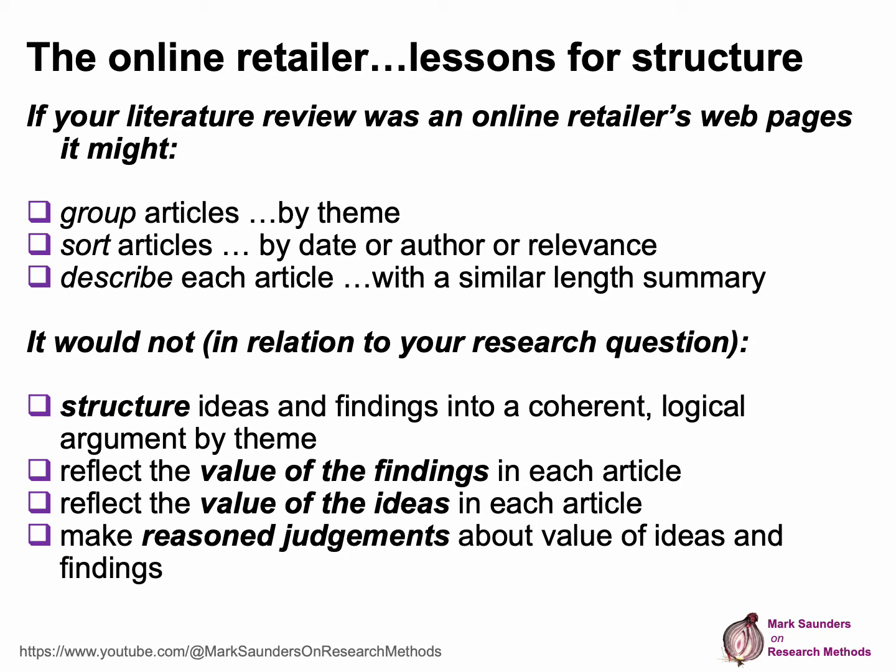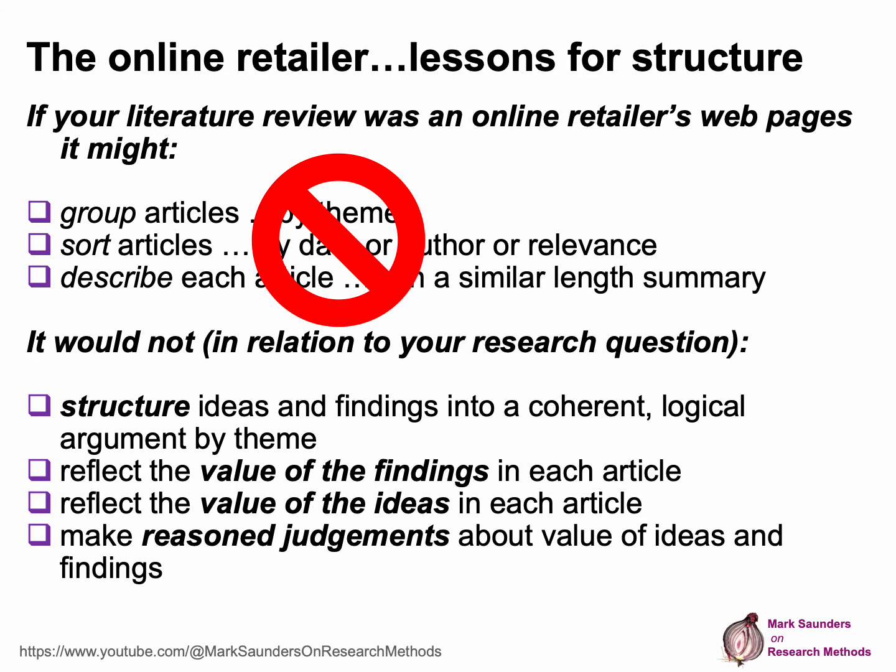So let's have some lessons from this. If your literature review was like an online retailer's web pages, it might group articles by theme, sort the articles by date or author relevance, but it would describe each article with a similar length summary, and we don't want it to do this. It would not, and this is what we would love it to do, structure ideas and findings into a coherent, logical argument by the theme, reflect on the value of findings in each article, and obviously if they were of little value, the article wouldn't be included probably.